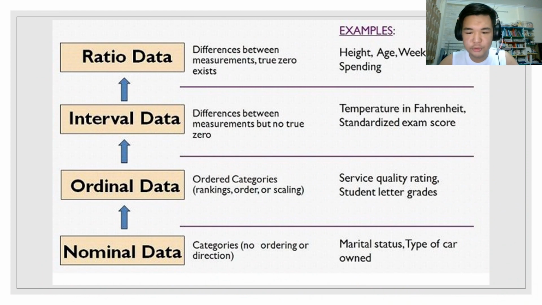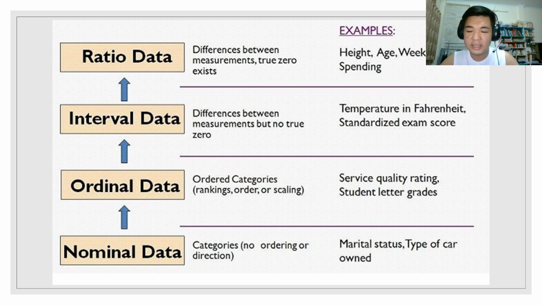This table will draw a conclusion for all the levels of measurement that I've talked about. The nominal scale is basically categories with no ordering or direction, used for marital status or type of car owned. The ordinal scale is similar to the nominal scale, but it has ranking, order, and scaling, used for service quality, student letter grades.